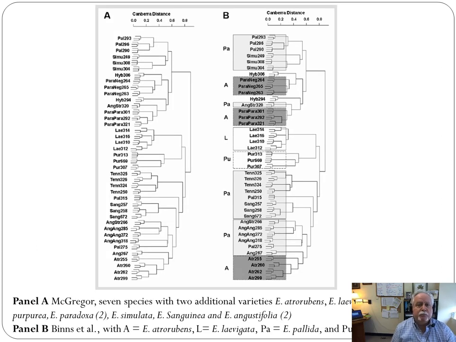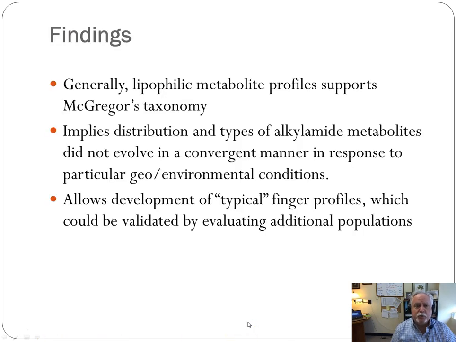And these were the differences based on this Canberra distance, where we see in panel A the 7 species and in panel B the 4 species. And this is what they found. Generally, if we just look at the lipophilic metabolite profile, it's the distribution of morphological features, the 7 species, that shows up in the way these lipophilic compounds are distributed.